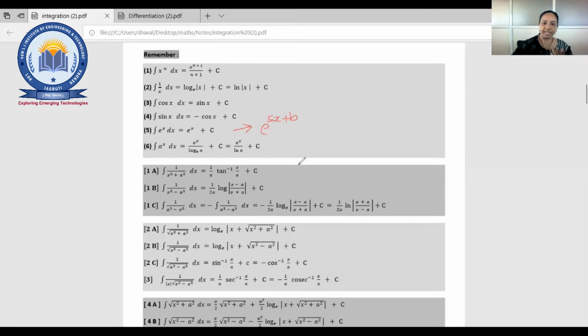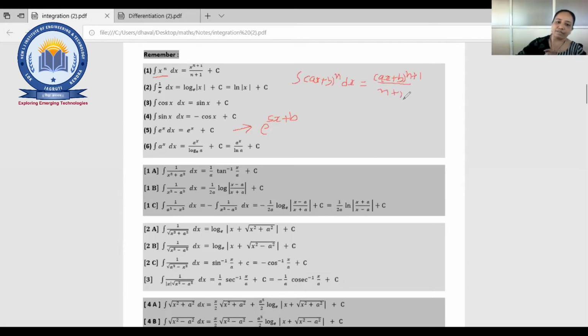Same way x raised to n. Instead of that you are having ax plus b, integration of ax plus b raised to n dx. So obviously the power is supposed to be incremented by 1: ax plus b raised to n plus 1 upon n plus 1, divided by a, plus c.